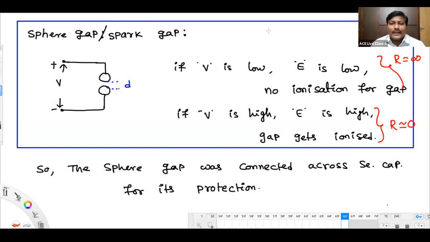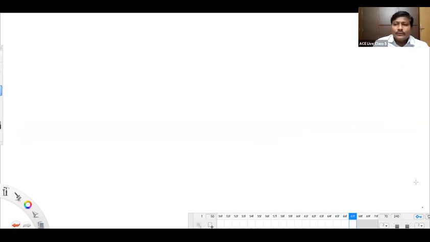Okay, next. Let's show the two things here: sphere gap added, normal condition and abnormal condition. I will close this point after discussing it. Case one, normal case without any fault.